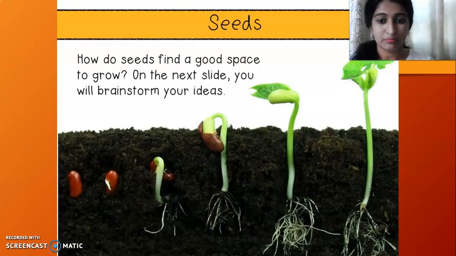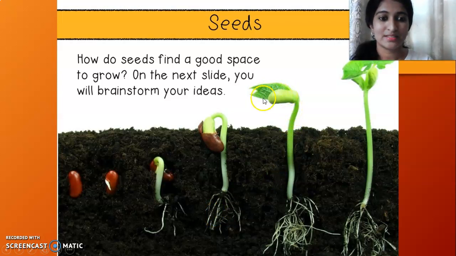look. This is the life cycle of plants, right? We have a seed. After some days, you can see the seed starts to sprout, right? This is the sprout, and after that you can see some roots, for absorption of water, and you can see the seedling.